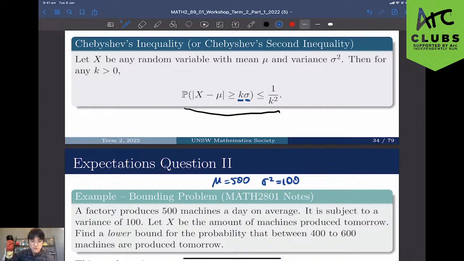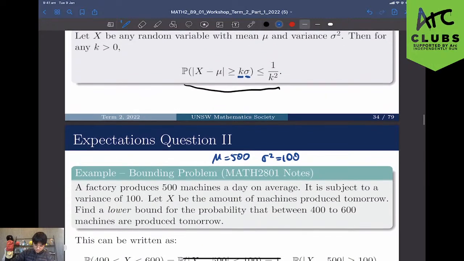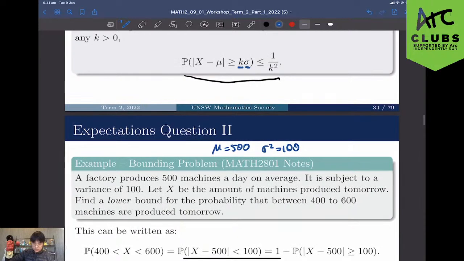Find a lower bound for the probability that between 400 to 600 machines are produced tomorrow. So we want to find the probability that X is going to be between 400 and 600. So this is what we want to find.